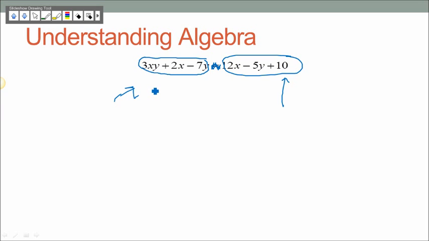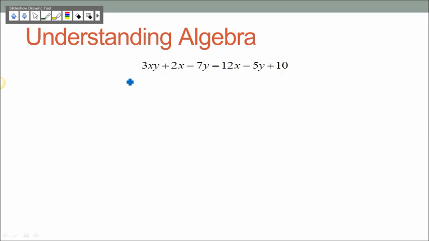Now, an expression and an equation are very similar except for one important aspect, and that is an expression does not have this equal sign. Both of these groups on their own are called expressions. As soon as you add in the equal sign, it suddenly turns into an equation.